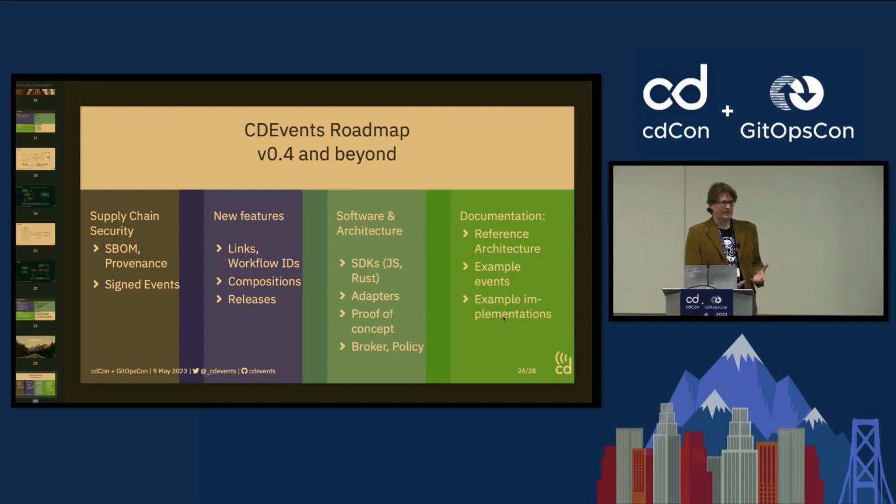We have artifacts and deployments, but we usually model a deployment as a deployment of one artifact. We want to have the ability to say you could have a deployment of a composition of artifacts, so the ability to compose this existing data model into more complex things.